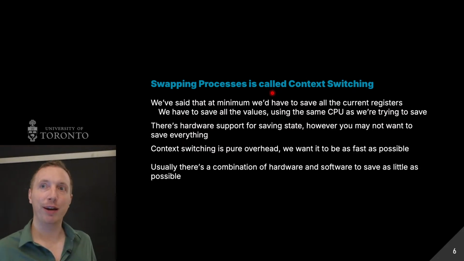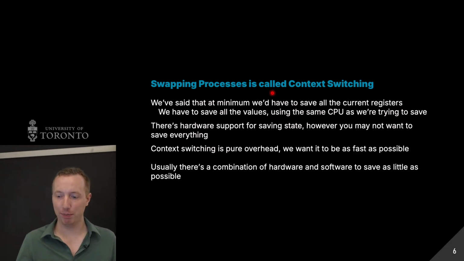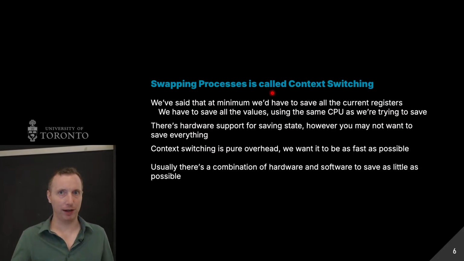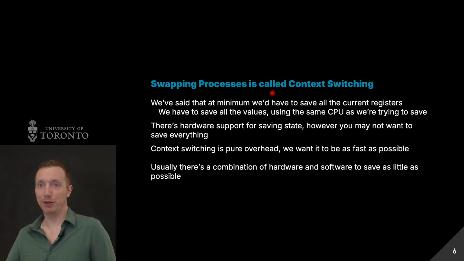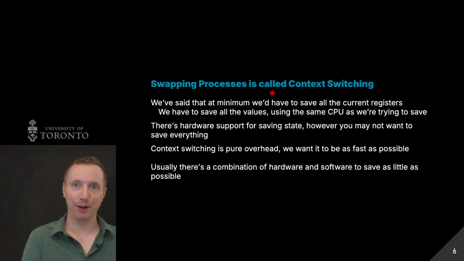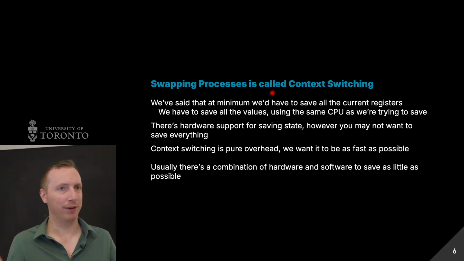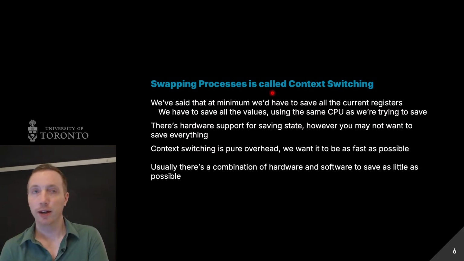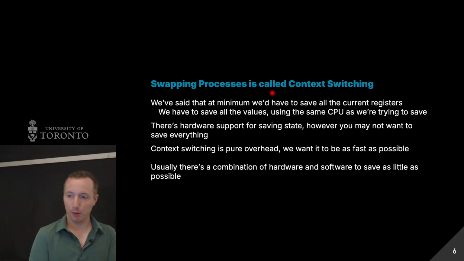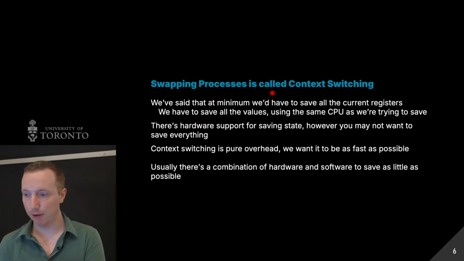You have to save all the values using the same CPU that you are using to save them. When you run instructions, you will also be changing registers, but you're trying to save the registers whatever they currently are without changing them, which, as you might imagine from your assembly course, is kind of tricky. Thankfully, there's hardware support to help you save the state of the registers.